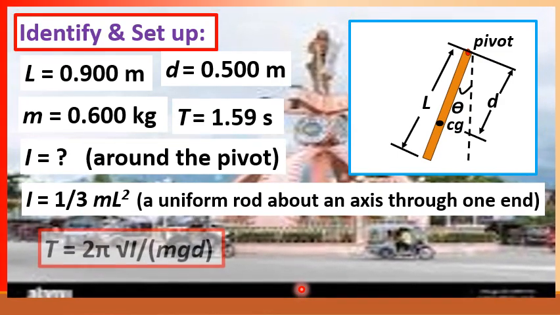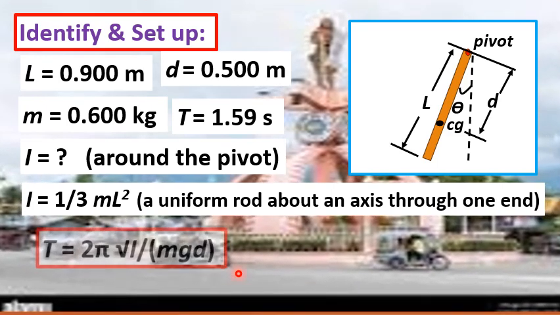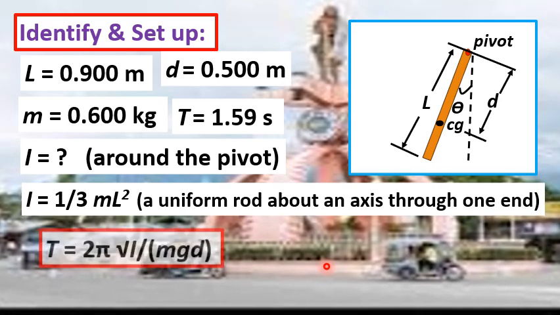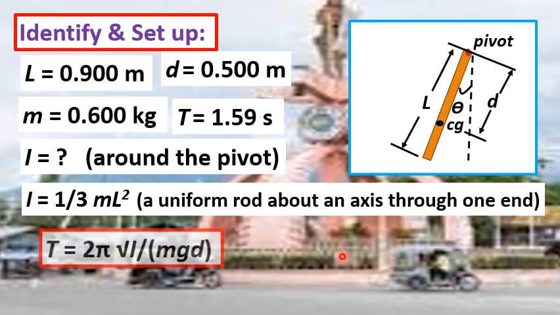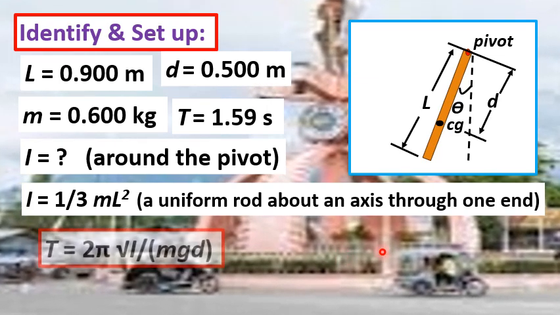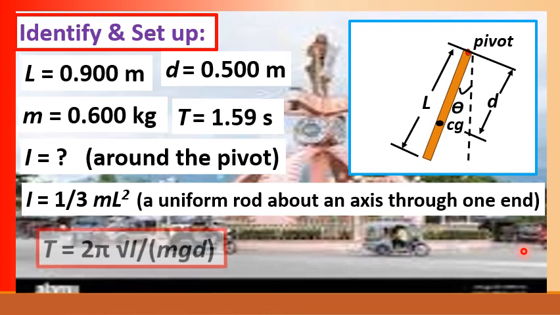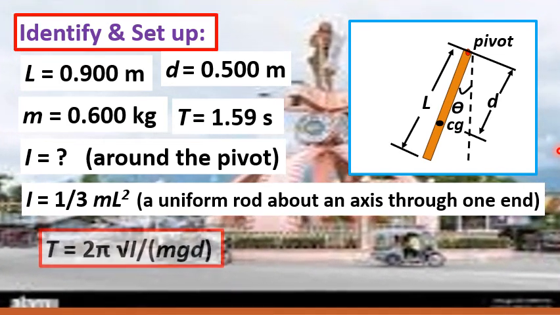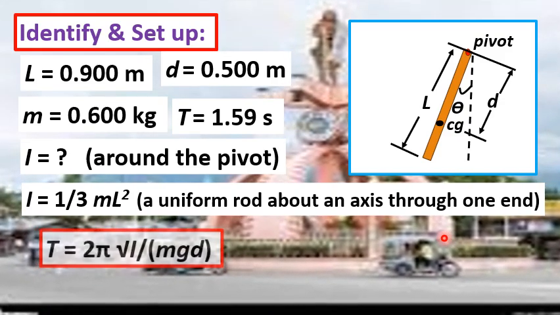All right. So, since our target variable is the moment of inertia, capital I, we have to derive this formula and come up with a working formula for the desired moment of inertia of this non-uniform rod.